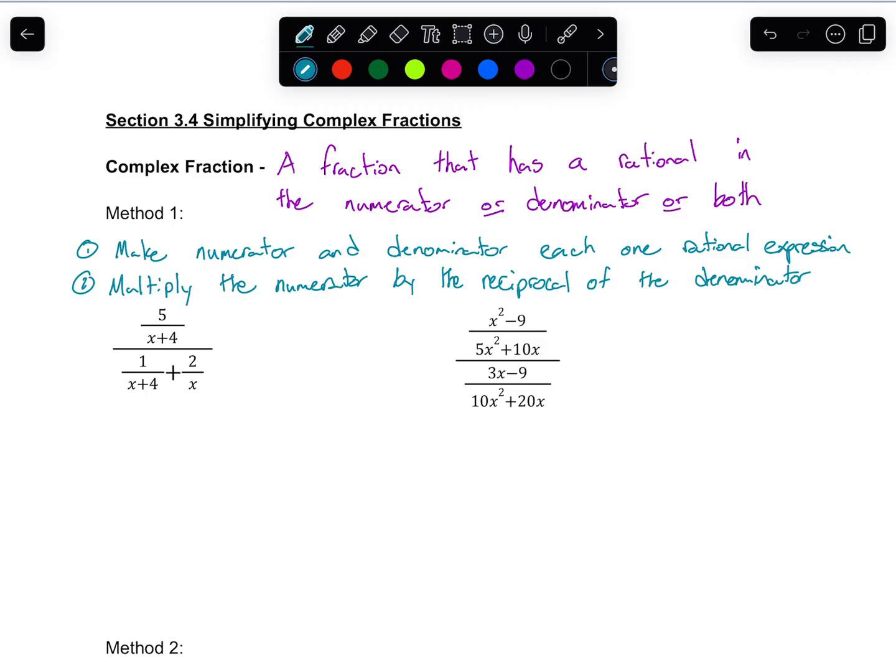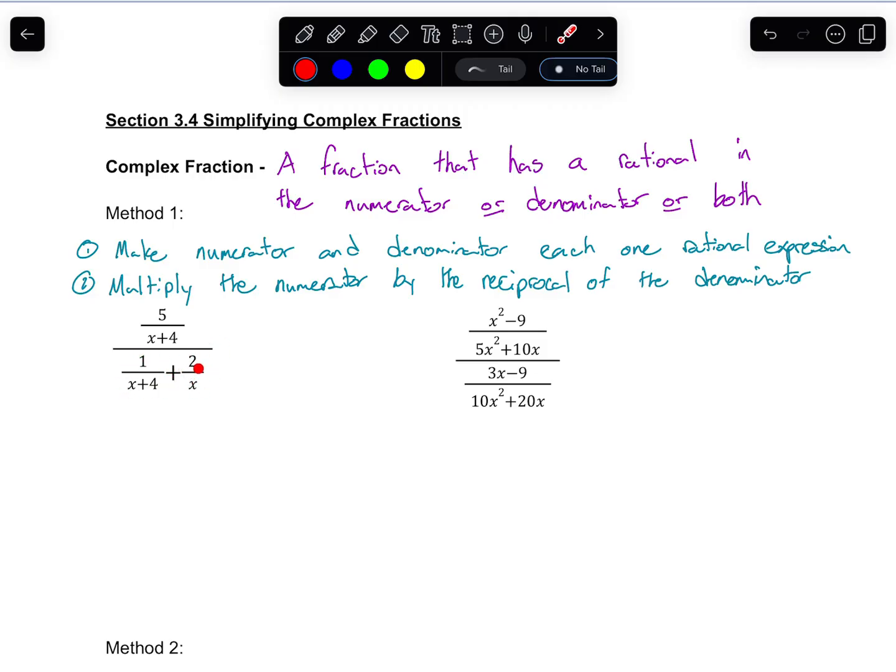So essentially we're dividing by a fraction, and when we divide by a fraction, we get to multiply by the reciprocal. So looking at our first example, we have 5 over x plus 4 all over 1 over x plus 4 plus 2 over x. Our numerator has just one rational expression, this 5 over x plus 4. Our denominator, though, is adding two rational expressions.